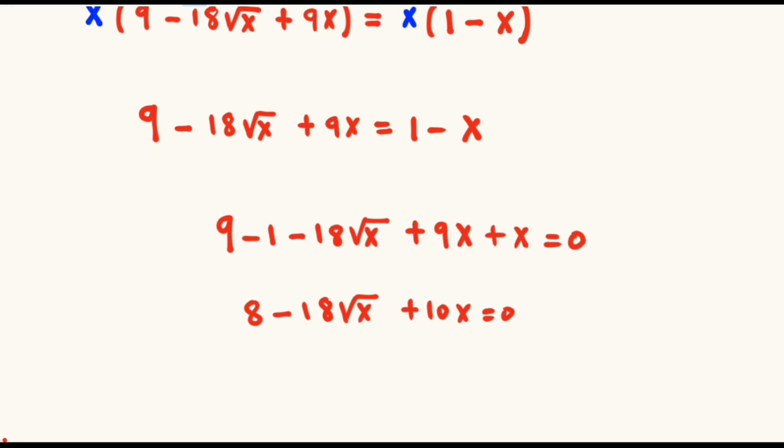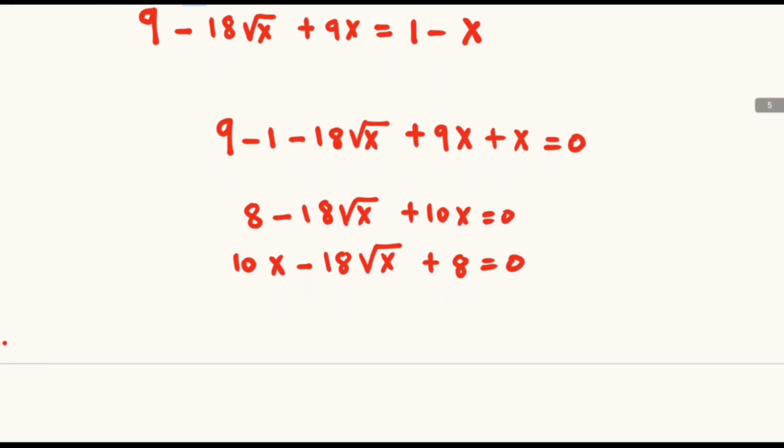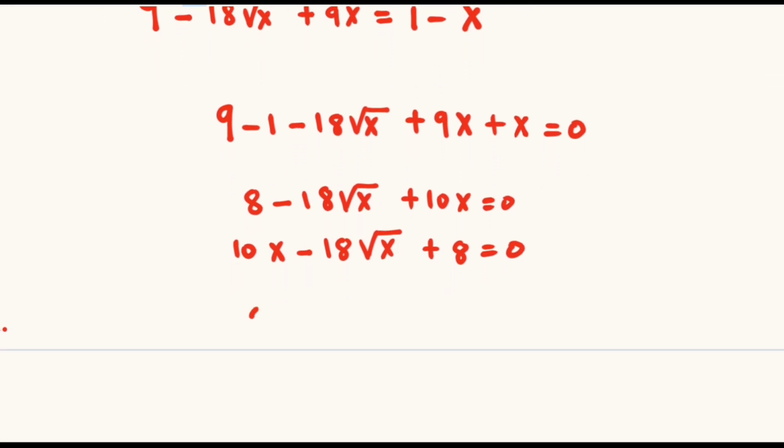We arrange this in standard form. We have 10x minus 18 times the square root of x plus 8 is equals to 0. We divide both sides of the equation by 2, and 5x minus 9 times the square root of x plus 4 will be equals to 0.